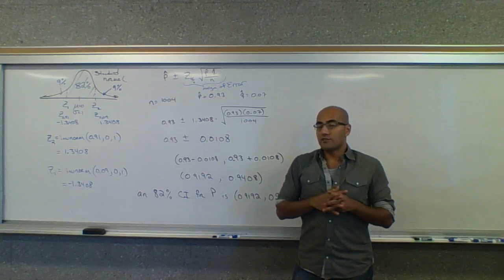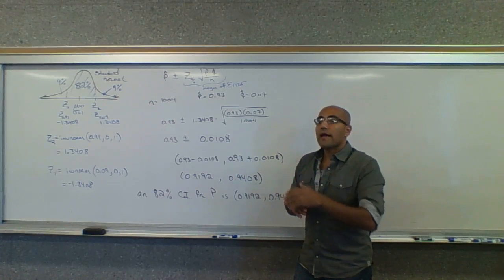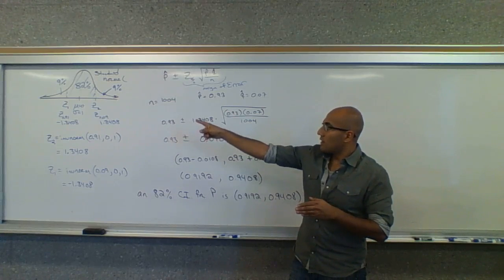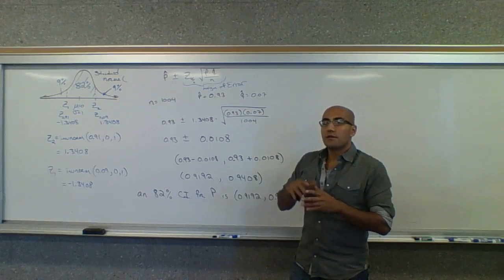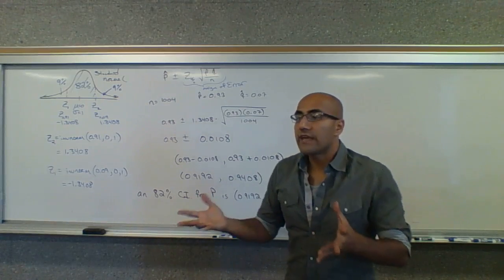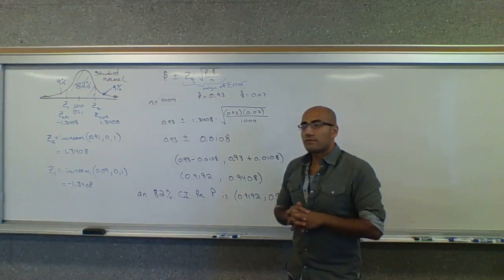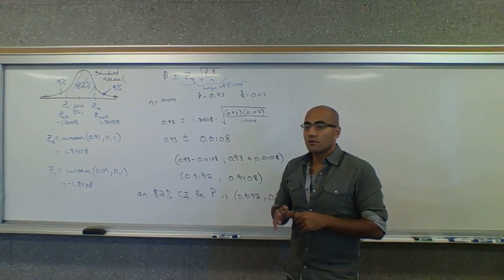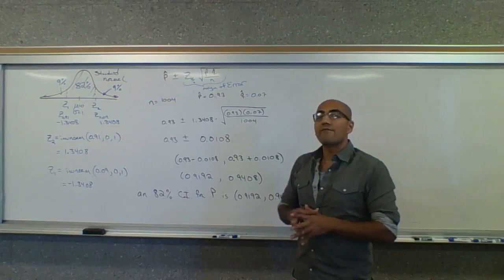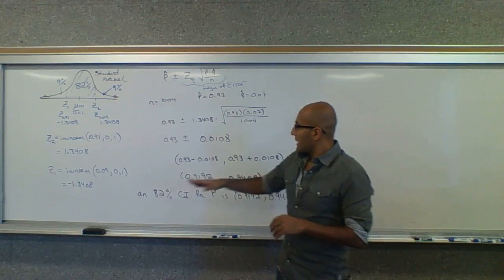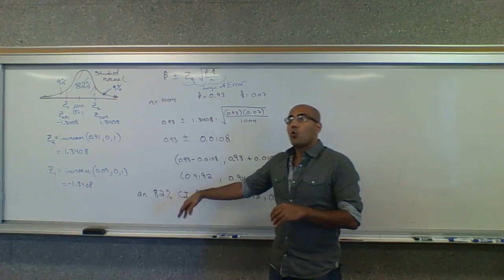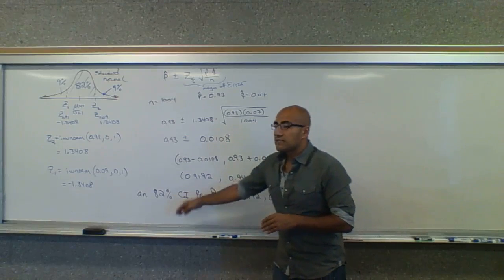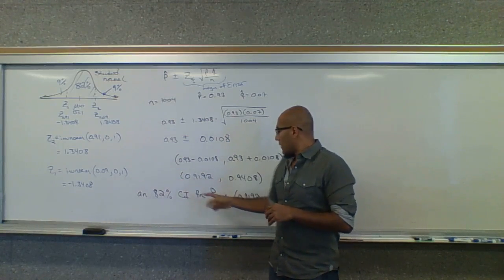If I asked 100 individuals to create their own 82% confidence intervals from their own samples, if I asked 100 people to go out and get their own individual samples and create an 82% confidence interval, I would expect that 82 out of those 100 people will get a confidence interval that really does include the population proportion, and 18 out of those 100 will come up with an interval that does not include it.